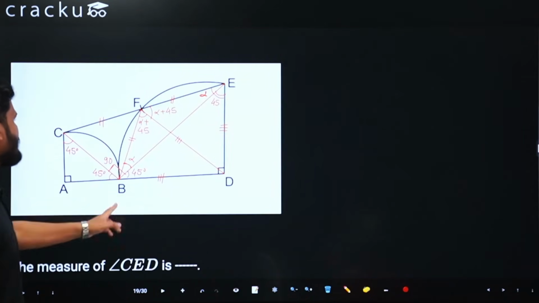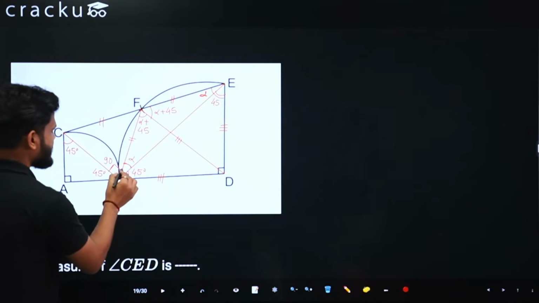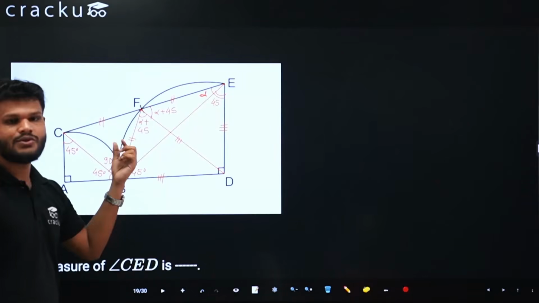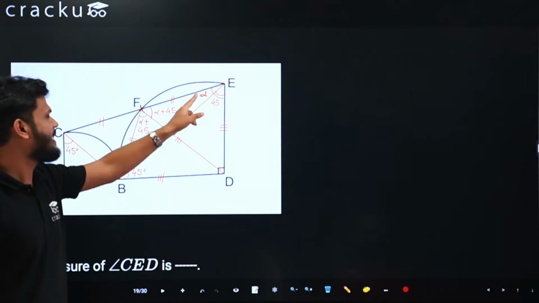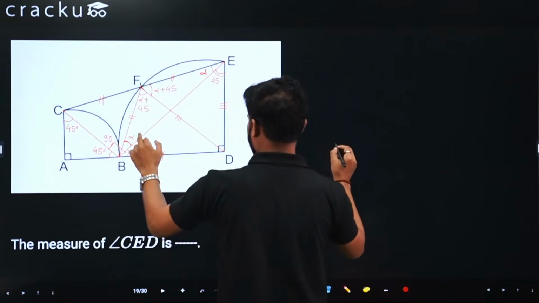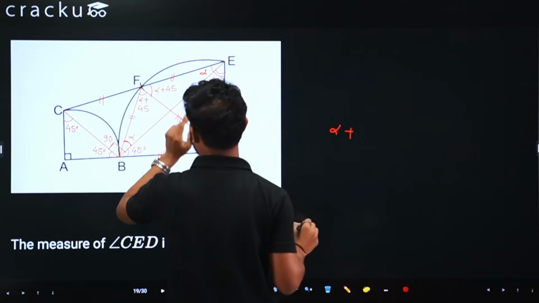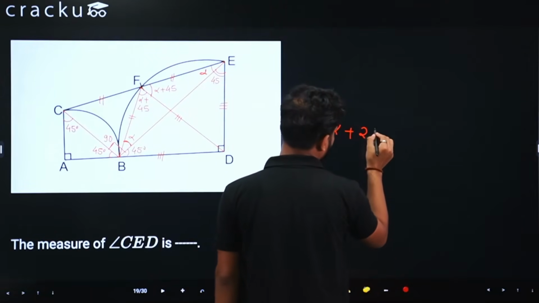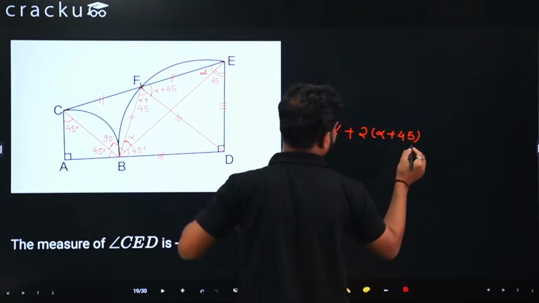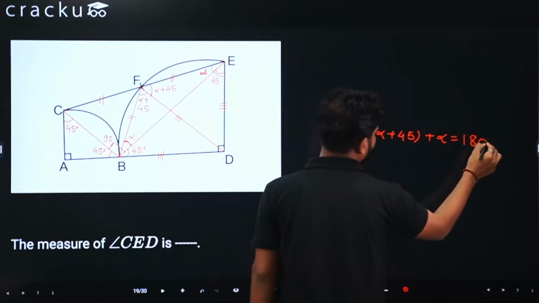Now if you check BFE, in triangle BFE, this is alpha plus 45, this is alpha plus 45. So together this is 2 alpha plus 90, and this is also alpha. So I can say alpha plus 45 plus alpha plus 45, which is 2 into alpha plus 45, plus this alpha is equal to 180 degree.